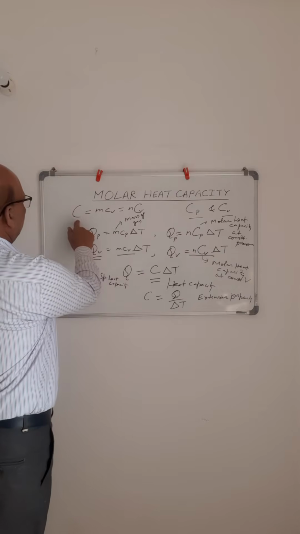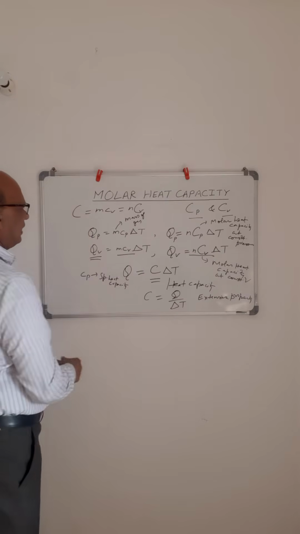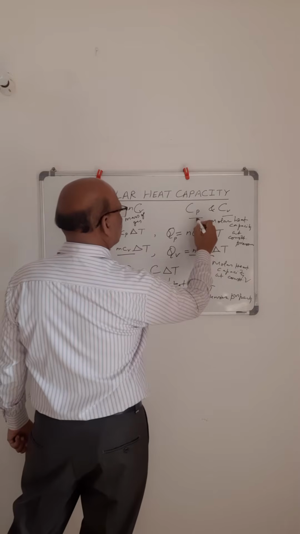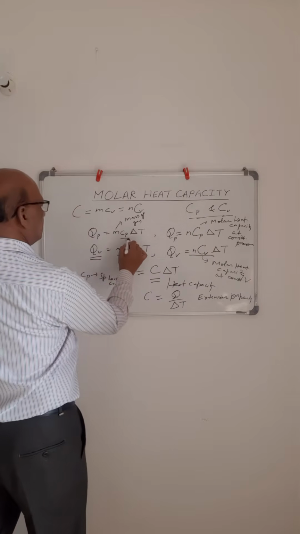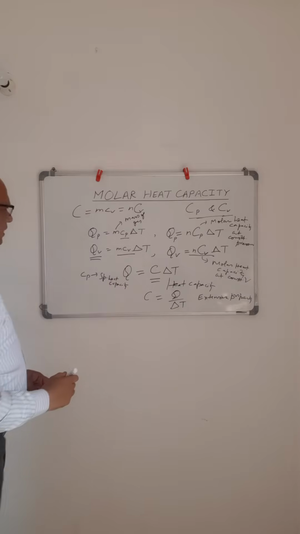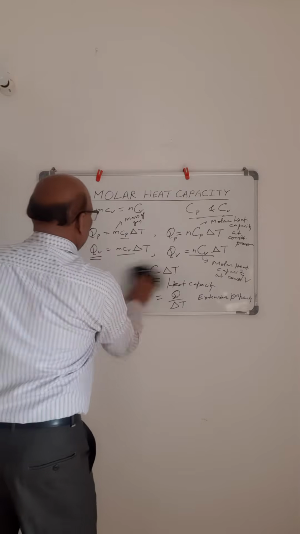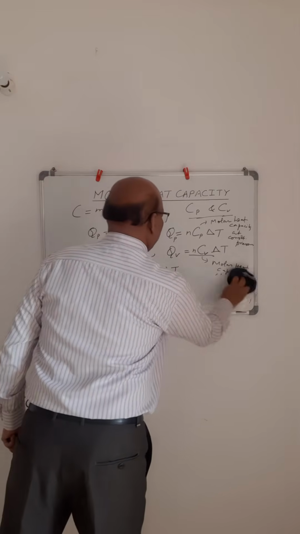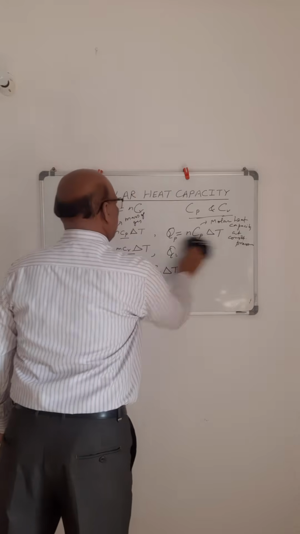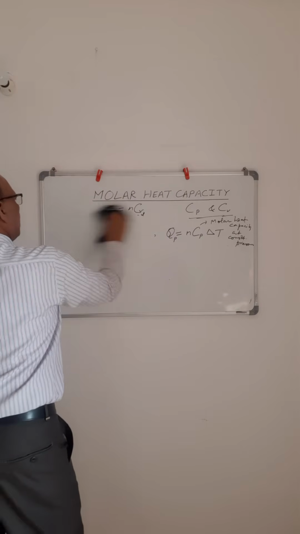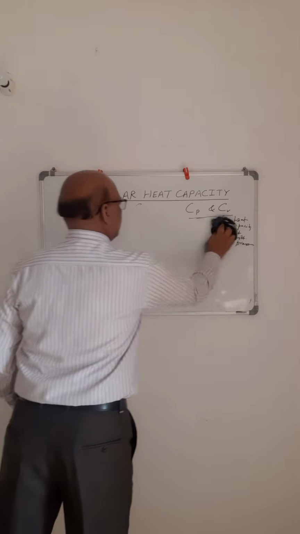That is why this is an extensive property, while your small cp and small cv, they are the intensive properties, because they do not depend on the number of moles of the gas taken or the mass of the gas taken. Okay, so we will again write these things.